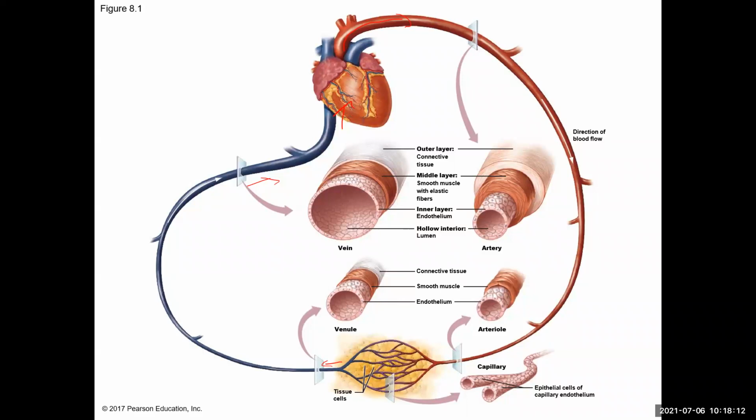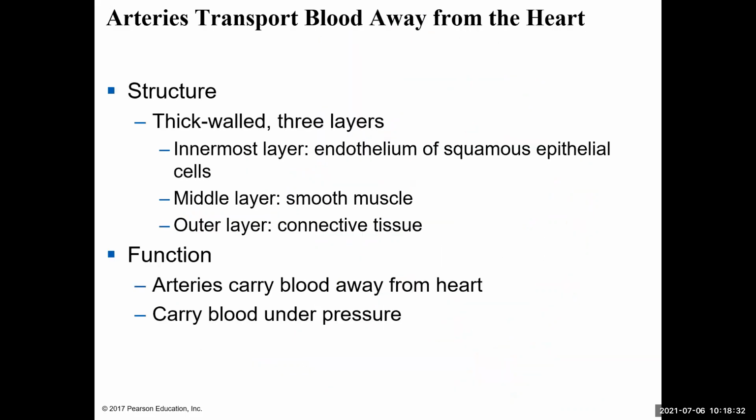So this would be the systemic circuit. Okay? But you do have the same thing in the pulmonary circuit when it goes to the lungs, because there are capillaries in the lungs that surround the alveoli, which we'll learn about. Okay. Now, like we said, arteries transport blood away from the heart. So AA, arteries away.